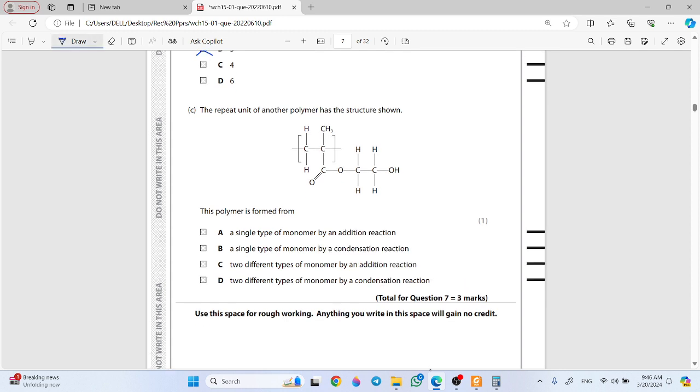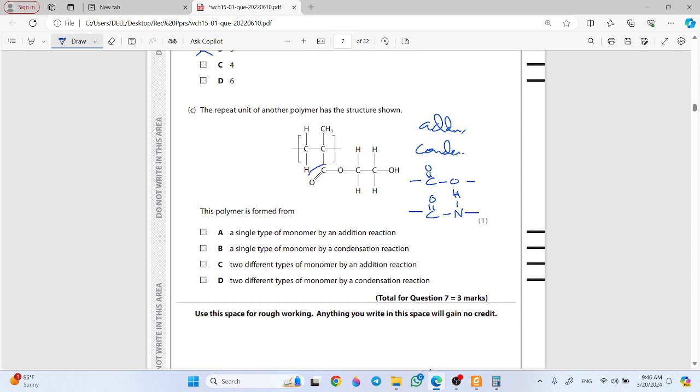The other one, there are 2 types of polymerization. Do you remember that, children? One is addition polymerization, the other one is condensation polymerization. You have to distinguish this. In condensation polymerization, there should be either ester linkage or else amide linkage, right? This ester linkage or amide linkage must be present in the long chain.